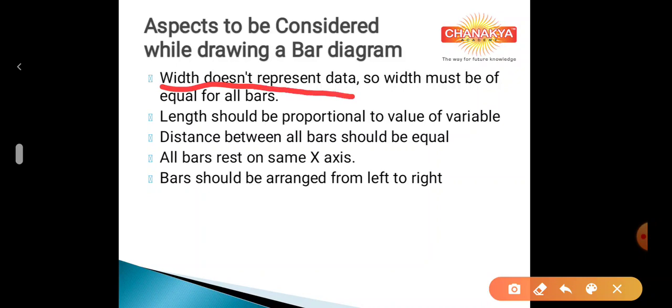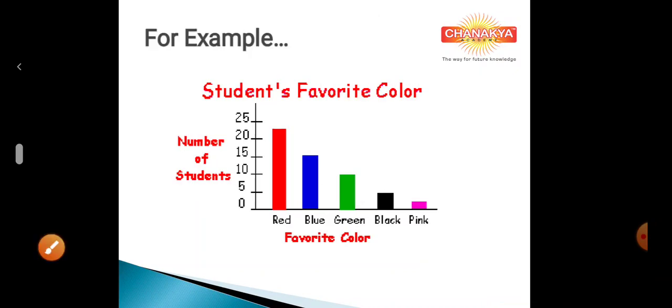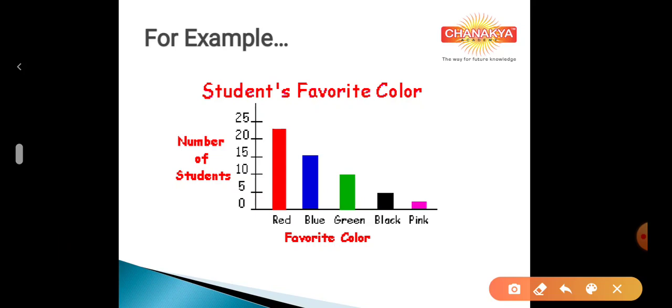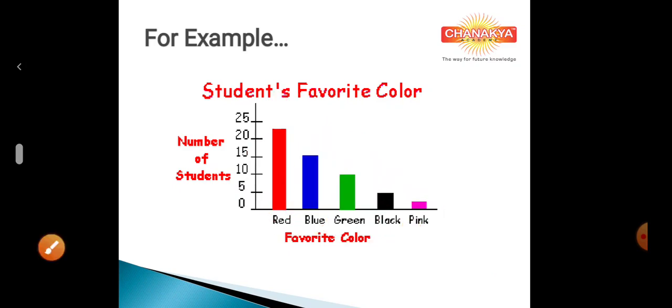That is, in the bar diagram that you are making, if you put the width unequal, that really does not mean that the data variables are bigger or smaller, right. All these bars must be having the equal width. If you check the figures over here, you will come to know that all these bars are having the same width.